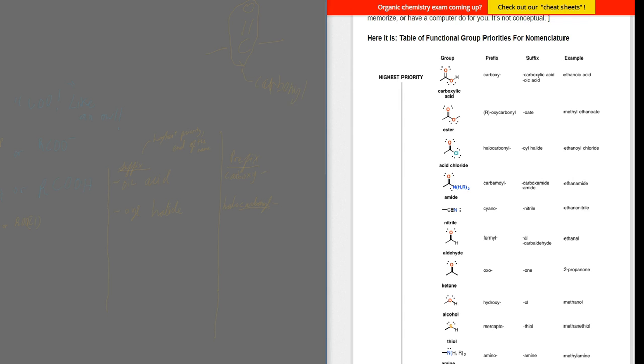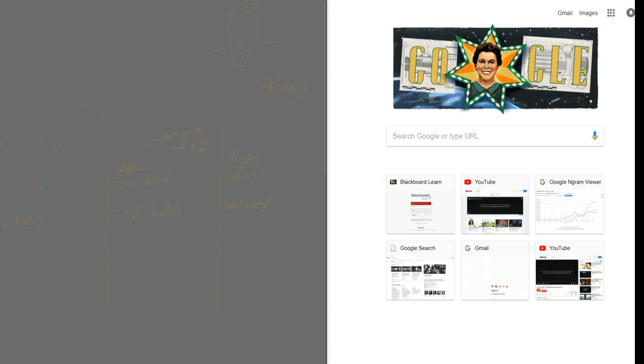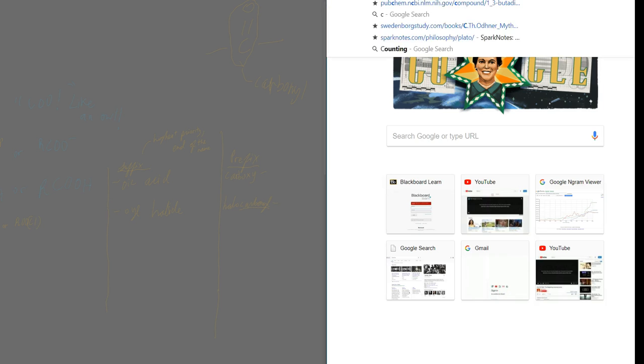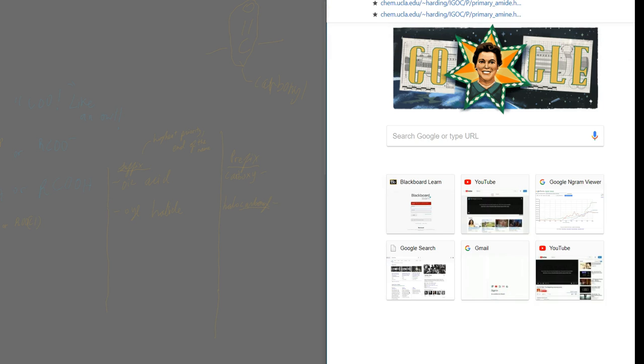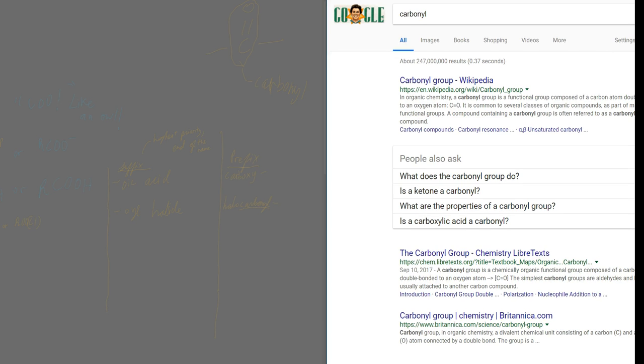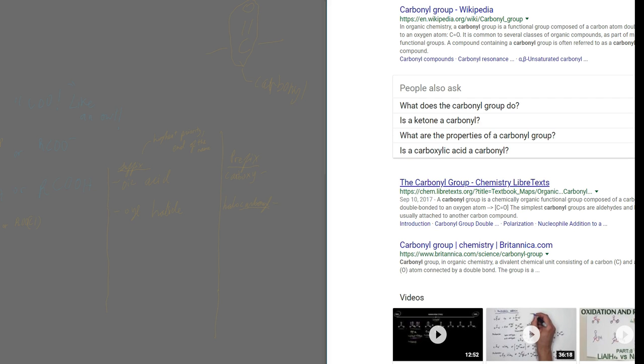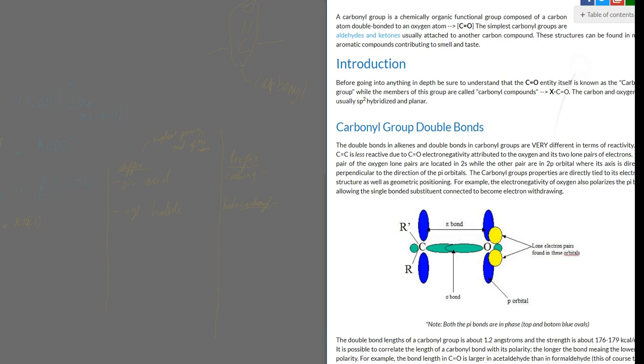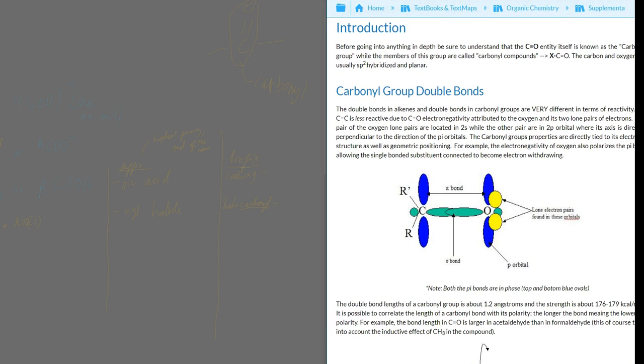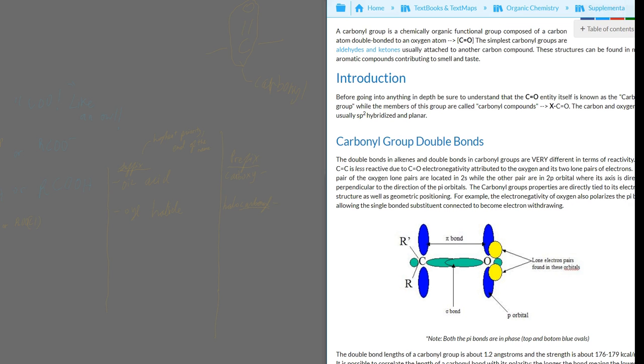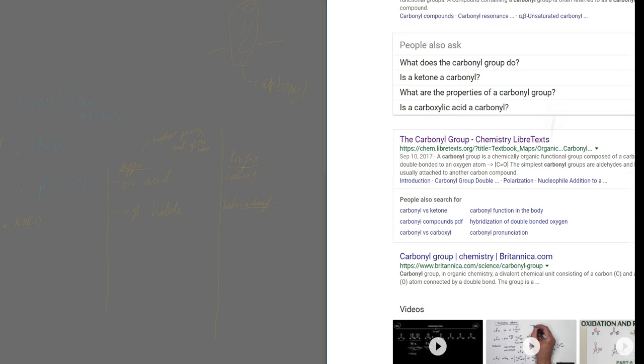And you can also simply Google that. There should be a resource that you can use. Carbonyl. Let's just find that. It's probably this one that works. The C carbon double bonded to O entity itself. It's a carbonyl group. Okay, that works.